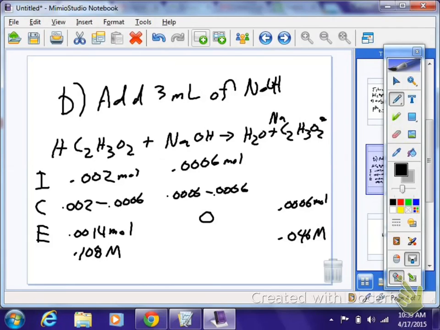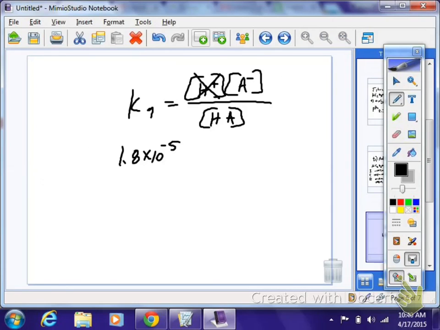So if I wanted to take the spectator ions out, then we'd be left with HC2H3O2 makes H2O, and then we'd have C2H3O2 minus ions floating around. Okay? We know that, right? It's 0.046 molarity. So that would go here, 0.046 molarity. Okay?